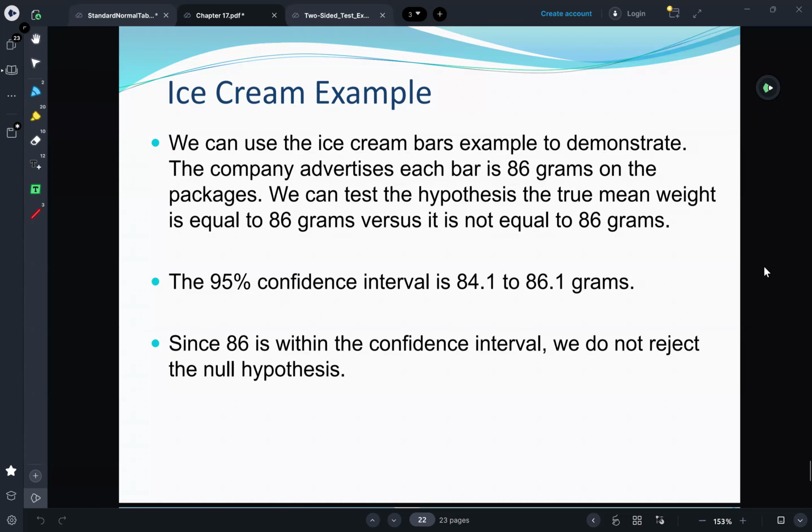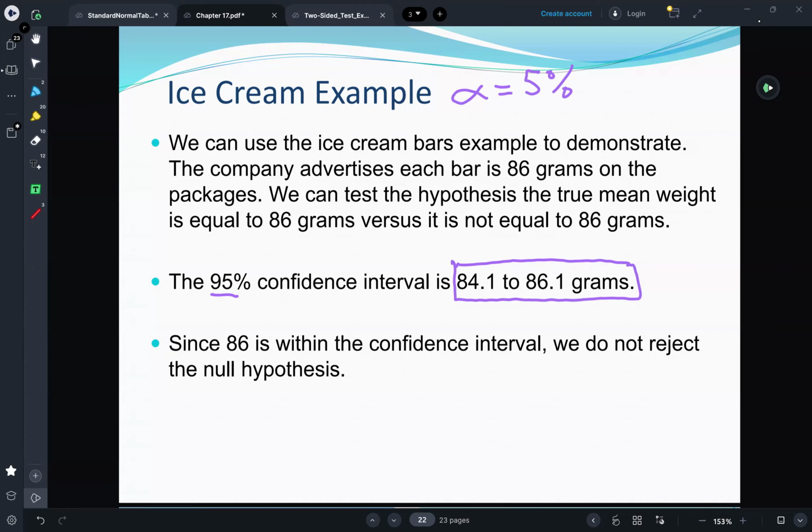Now, if you recall the ice cream example from the confidence interval chapter 16 we did last week, we calculated a confidence interval for the true weight of the ice creams. A 95% interval was 84.1 to 86.1 grams. This was our interval. And because it was 95%, if we use alpha at 5%, those two add up to 100%.